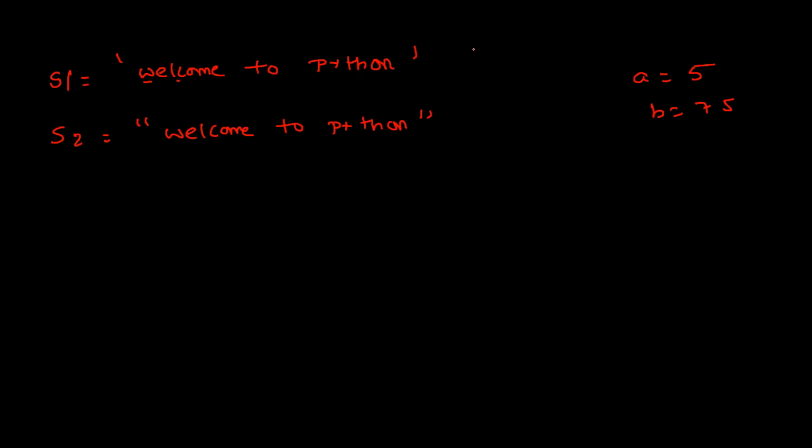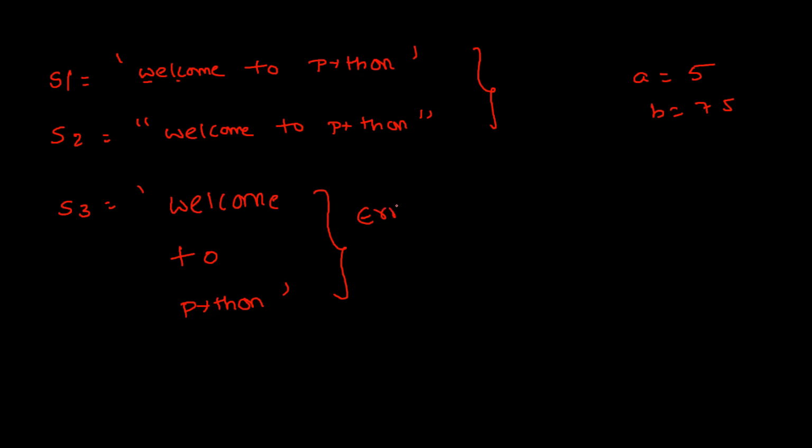Now, we have a constraint. What is the constraint? You are creating a string within a single line only. For example, S3 is equal to, if you are using either single quotation or double quotation, welcome to Python. If you want to create a string in multiple lines, it gives an error.